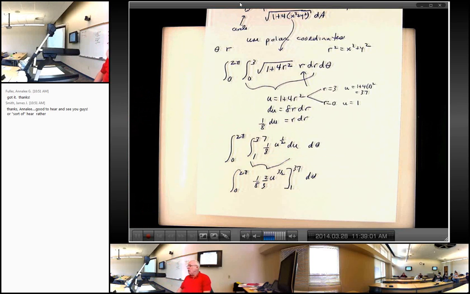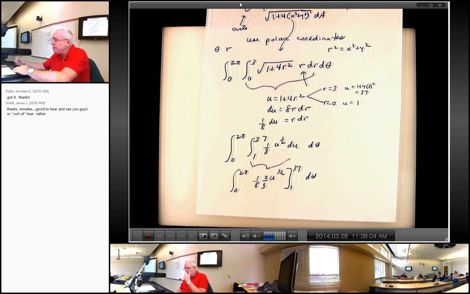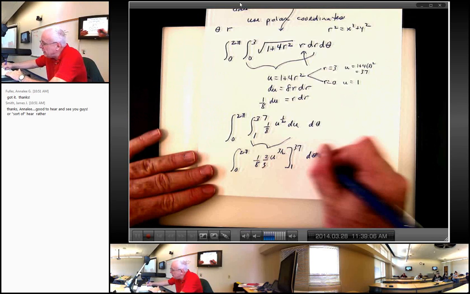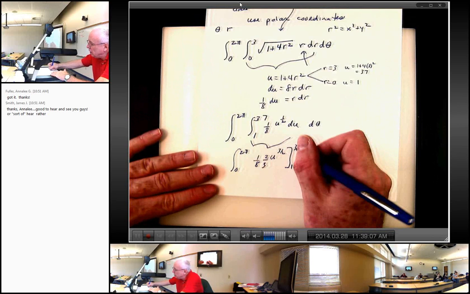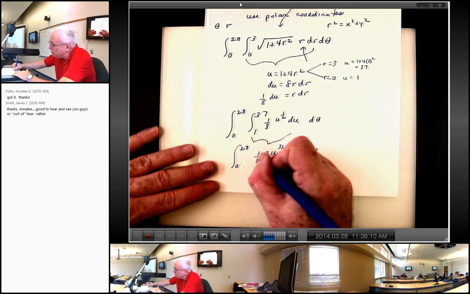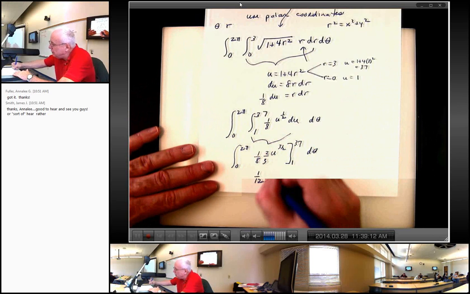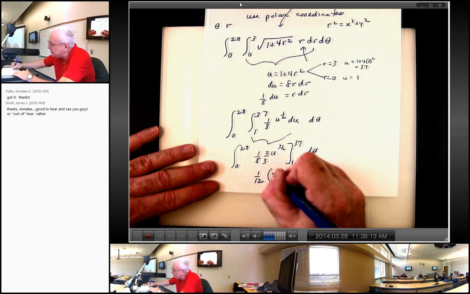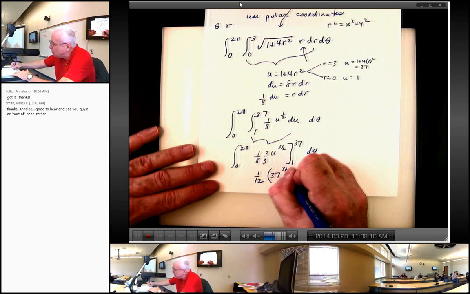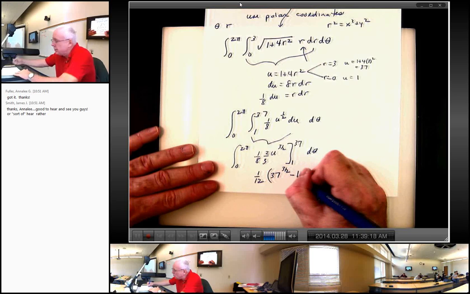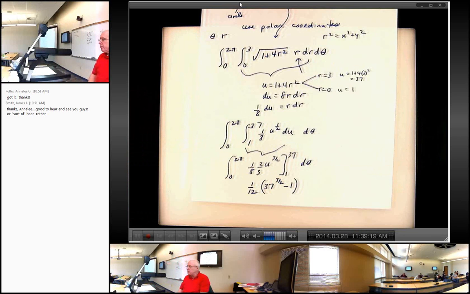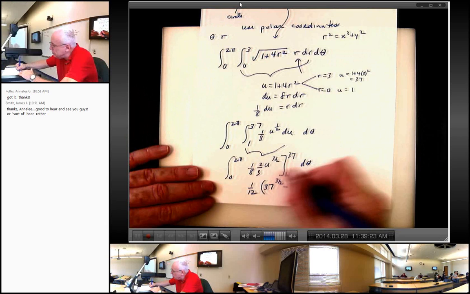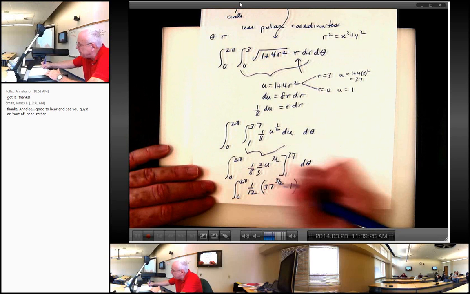All right, so what I have here on the inside is 2 over 24, that's 1 over 12, times 37 to the 3/2 power minus 1 to the 3/2 power minus 1. And then that's all within 0 to 2 pi d theta.